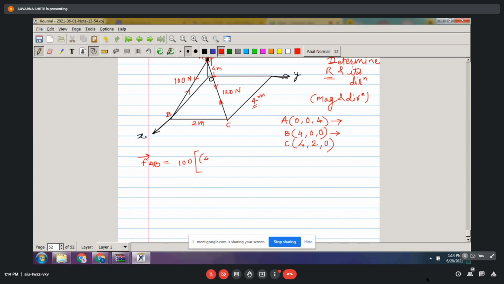So it will be (4 minus 0) i plus (0 minus 0) j plus (0 minus 4) k, divided by the square root of 4 minus 0 squared plus 0 squared plus minus 4 squared. Solve this and tell me what you are getting as i, j and k.